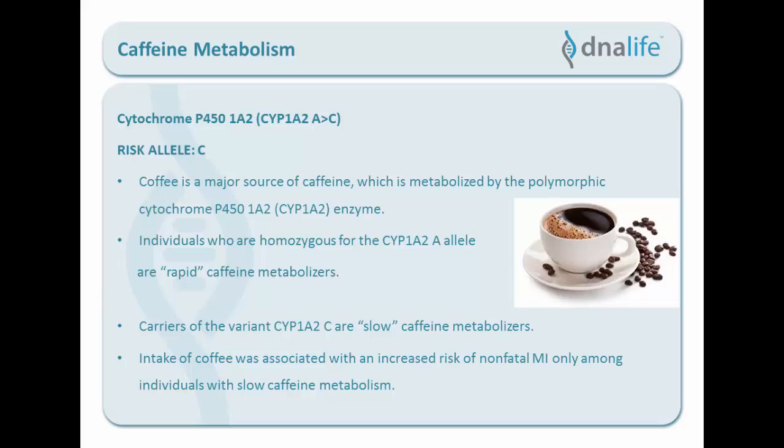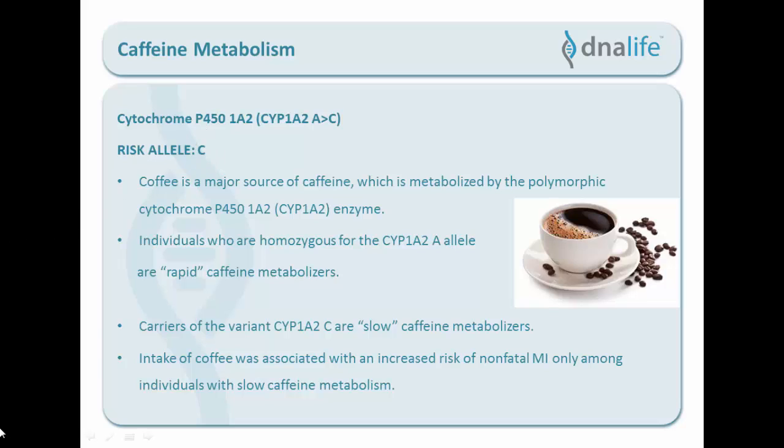Moving on to caffeine metabolism, here we are looking at a phase 1 enzyme, and the gene that codes for that is your cytochrome P450-1A2, your CYP1A2, and that is an A to C nucleotide change, with the risk allele here being the C allele.